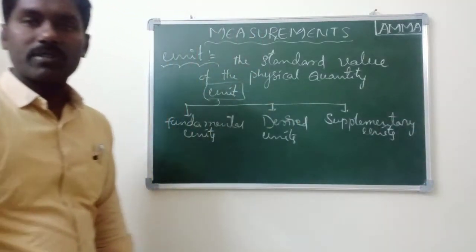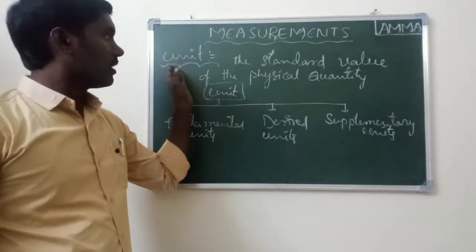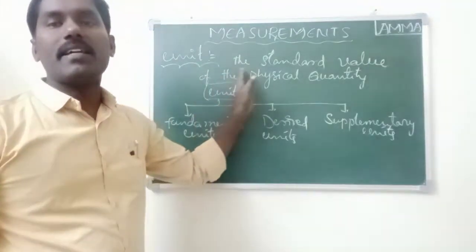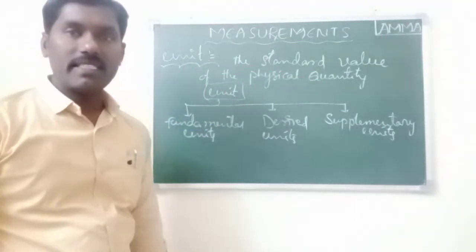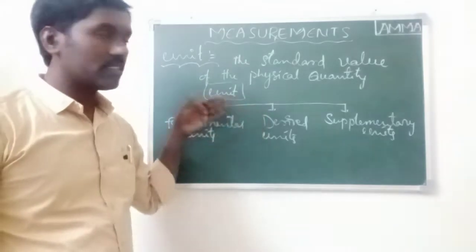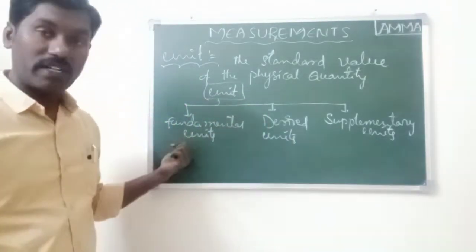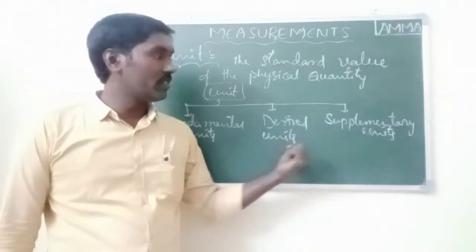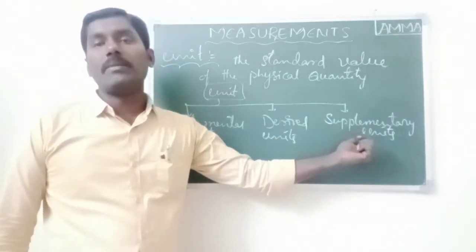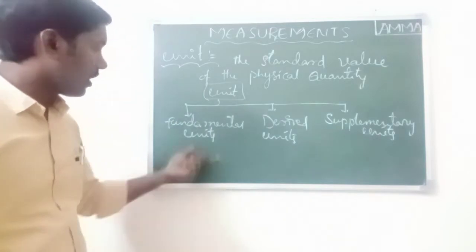So these are the three types of units. The definition of unit is the standard value of the physical quantity, and based on the nature of the physical quantities, there are three types of units: fundamental units, derived units, and supplementary units. Students, let us try to know about each and every one.